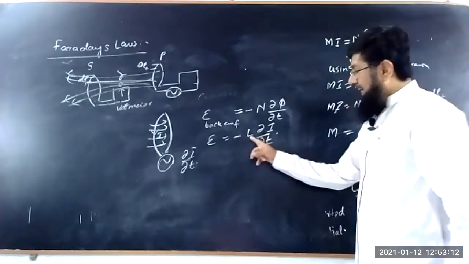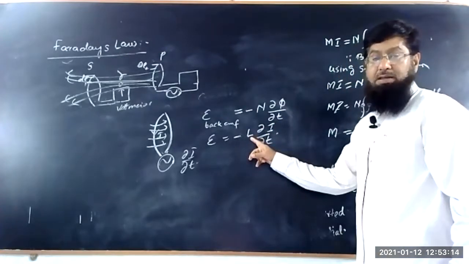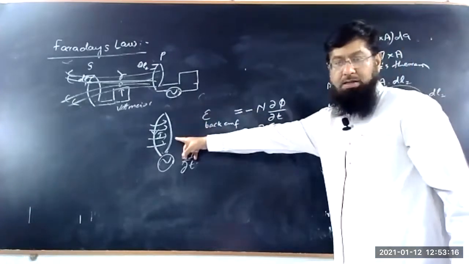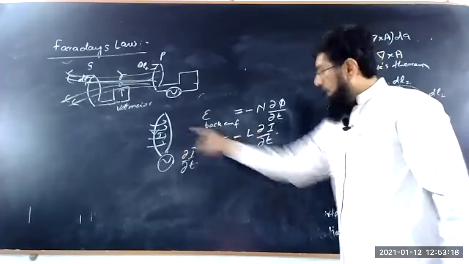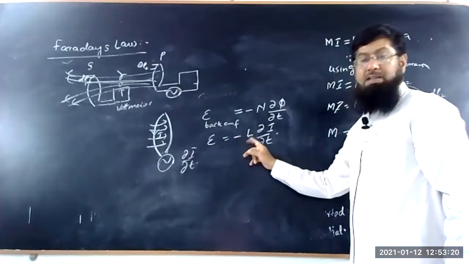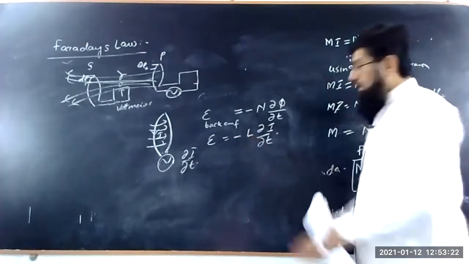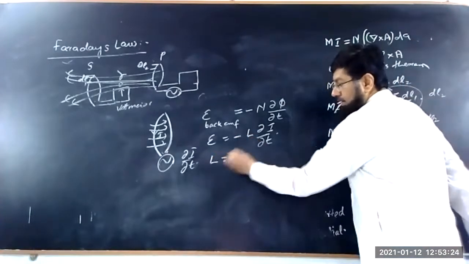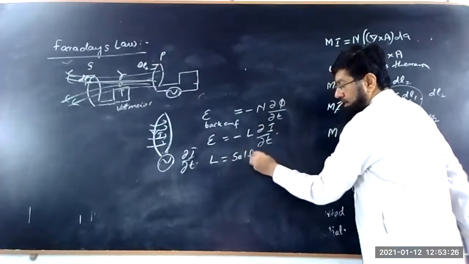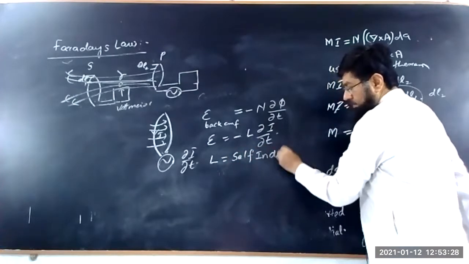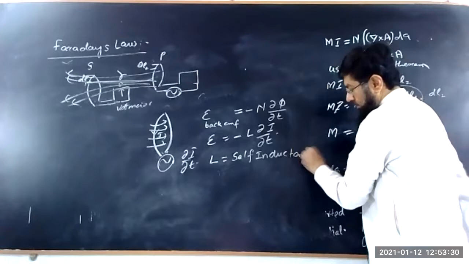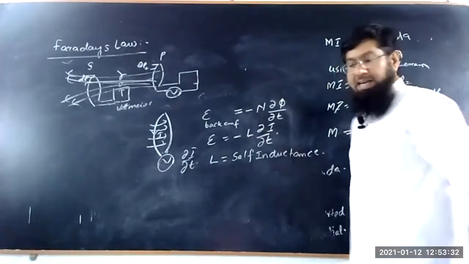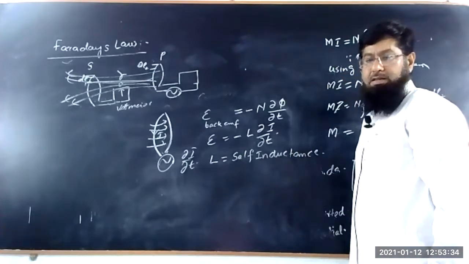So here this L is called the self-inductance because we have only one coil here. L is known as self-inductance.